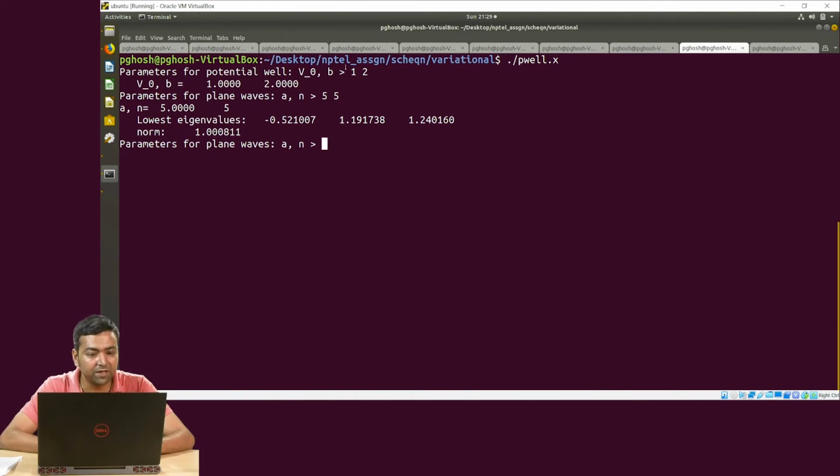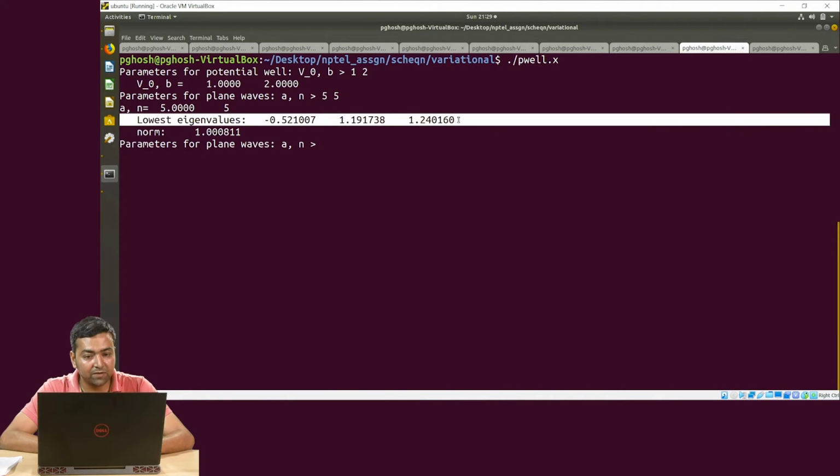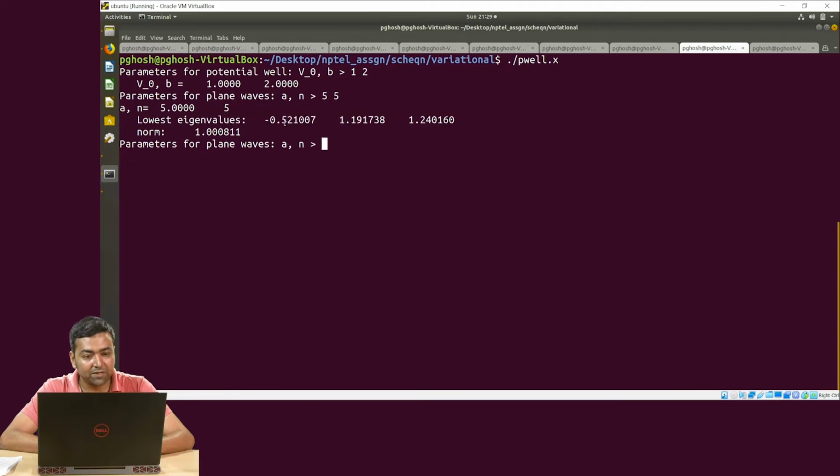Now if you see here, it does the job and then it prints out the lowest eigenvalues. Let us look at the lowest 3 eigenvalues. What you see is that the lowest eigenvalue is -0.52, then the next one is 1.19, and then the next one is 1.24.